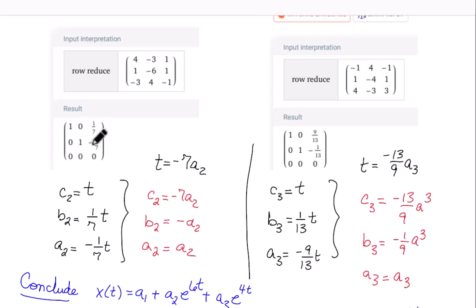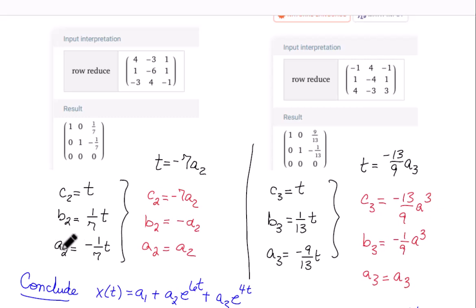This was for the 2's. The last row is all zeros, so that says C2 is T. If I look at this row, I get B2, move this to the right, which is 0, 1/7 T. And from the top row, I get A2 is minus 1/7 T. So, what do I want T to be?